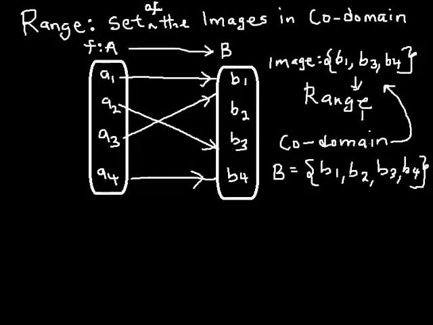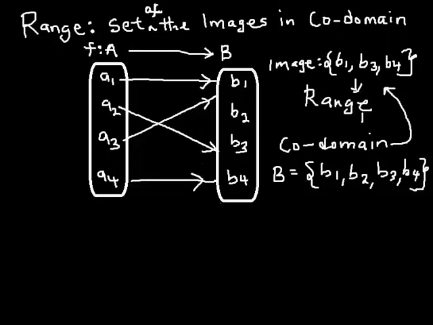So we are still going to continue. Remember we said that a function is actually a rule. This function is a rule that establishes mapping from A to B. Now, the question is, how do we actually define that rule?